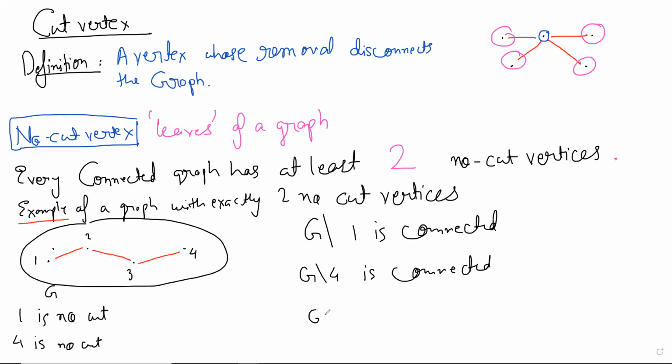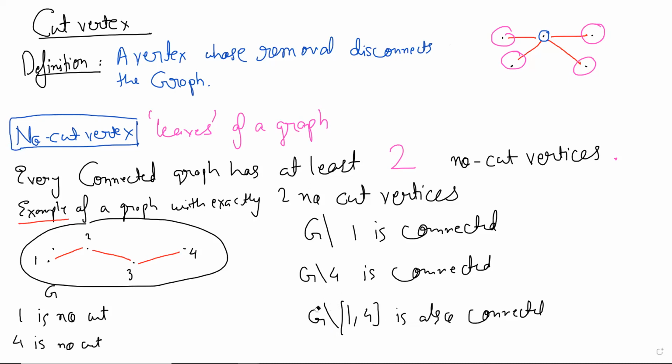G minus 1 comma 4 is also connected, but that is not our interest. We are not at all interested in this, so that would be a misconception. Then you will end up saying 3 is also no cut, 1, 3, 4. But no, we're just saying one at a time.